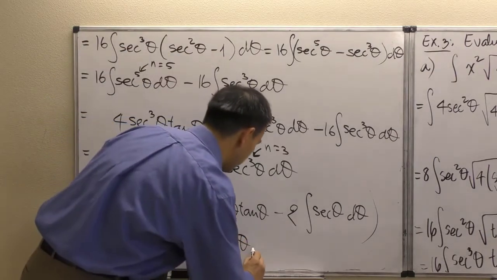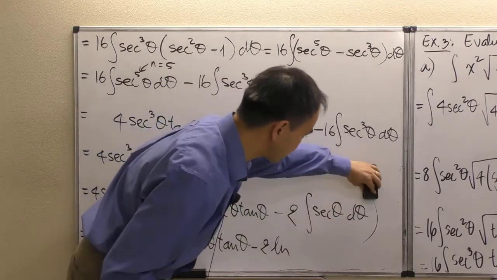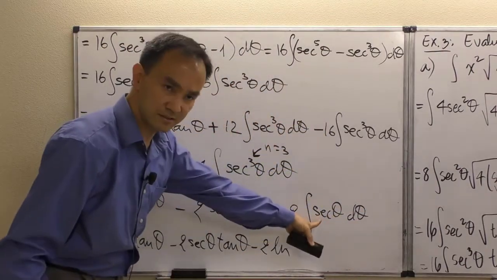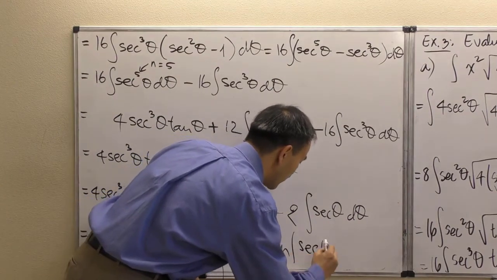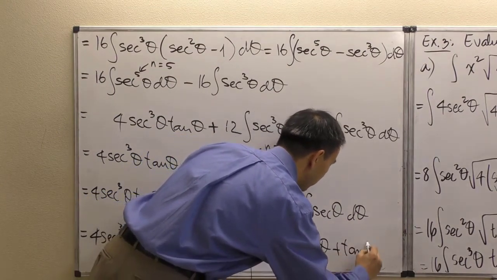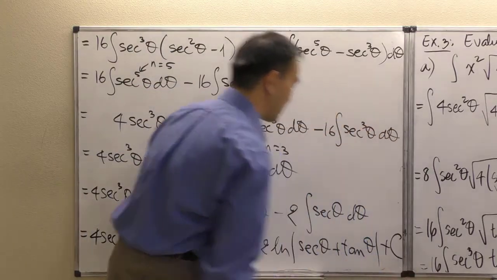And I'm subtracting 2 times the natural log. Just that integral of the secant theta is a logarithm of, in absolute value, secant theta plus tangent theta. All right, and then plus c. Don't forget that plus c.